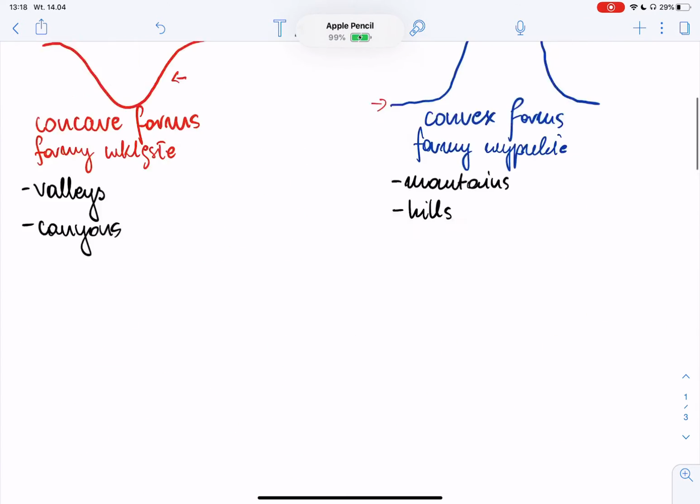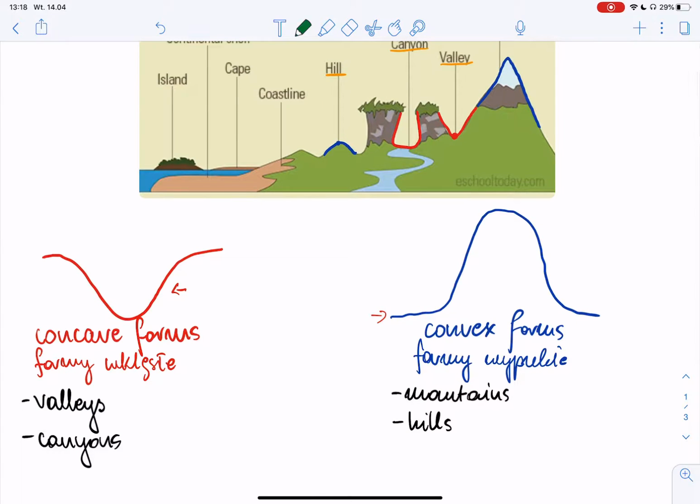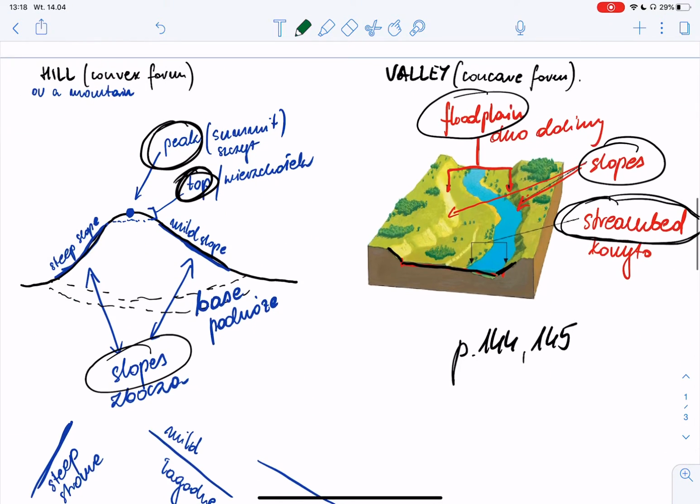So guys, to sum it up, we have a few landforms that we can see in our neighborhood. Some of the forms are concave, which means that the central point of the form is below the surrounding area, and those are valleys and canyons. Some of them are, on the other hand, convex, which means that the central point is higher than the surrounding areas, and we have hills and we have mountains.